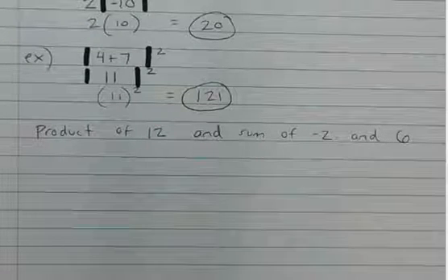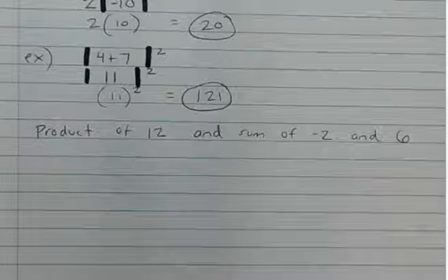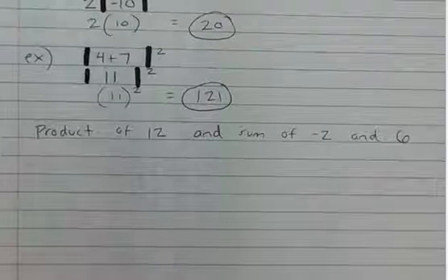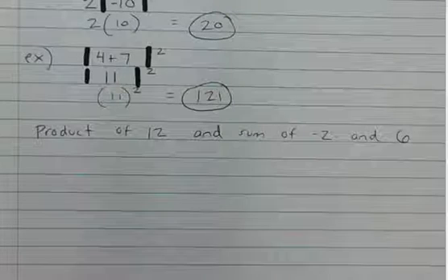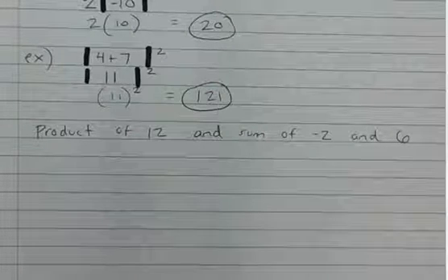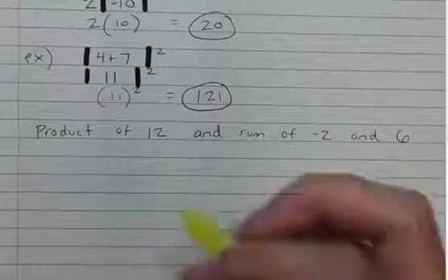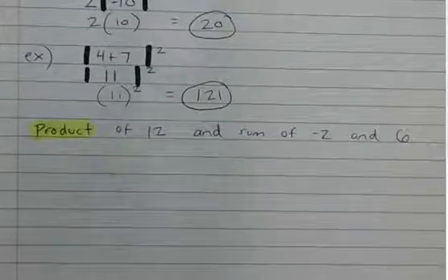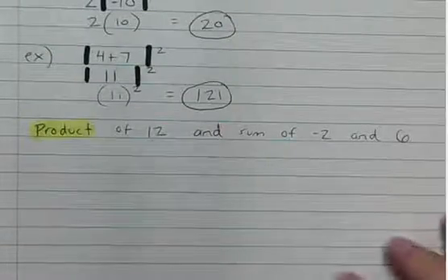So if I look at the verbal term here, I have product of 12 and sum of -2 and 6. I want to write it numerically, which means there's only numbers, operations, and variables at some time. So let's look at the words we know. First of all, this word should pop out to you: the product. What's the definition of a product?